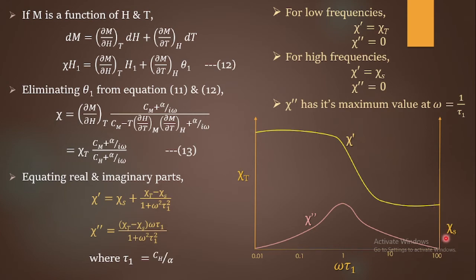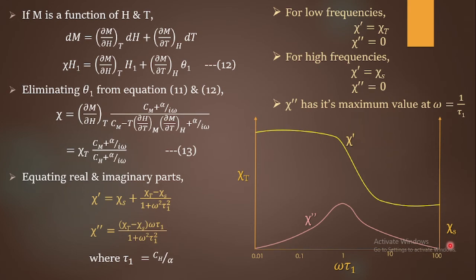And this is the value of chi s which is almost 25% of chi t. So if chi t from this extent till here is 100%, then chi s will be just 25% of chi t. So we can say chi s is equal to 0.25 chi t. So that is another feature which can be observed from the nature of graph.